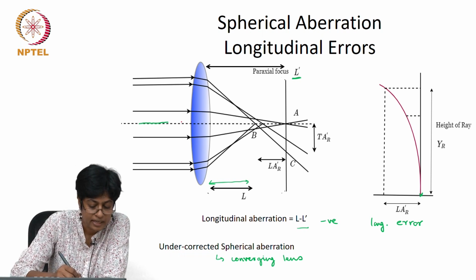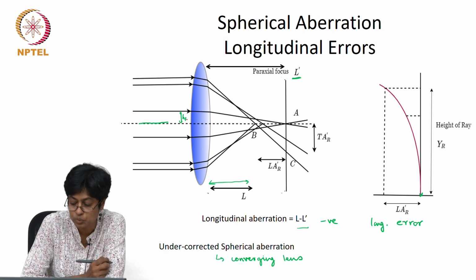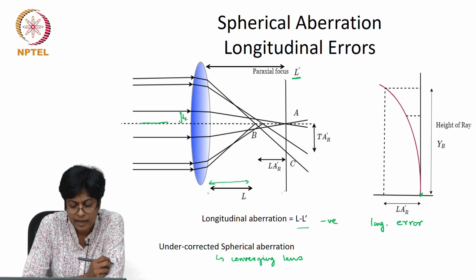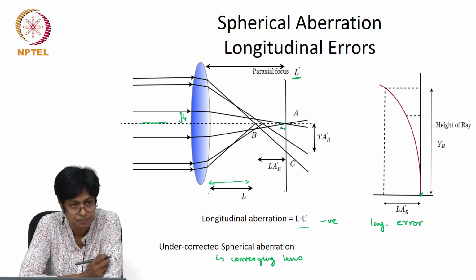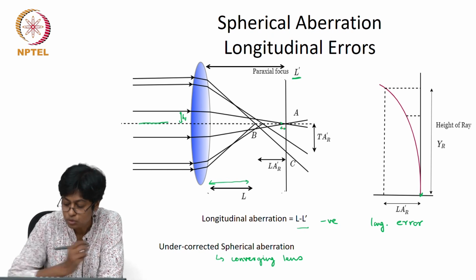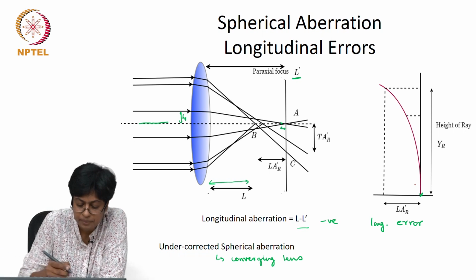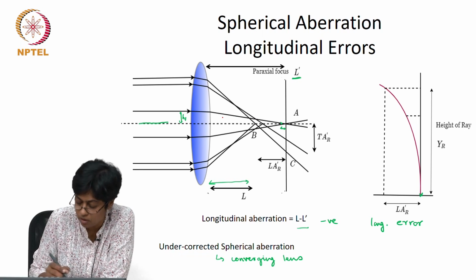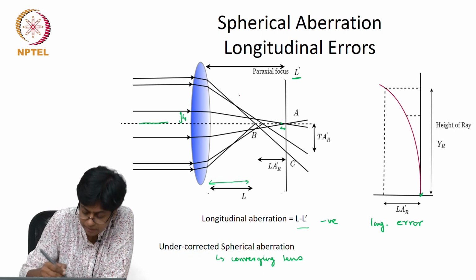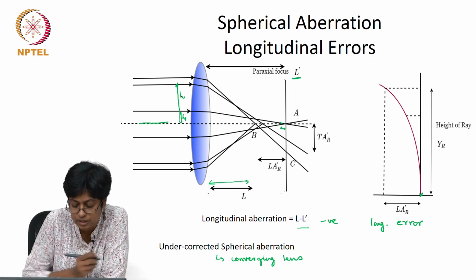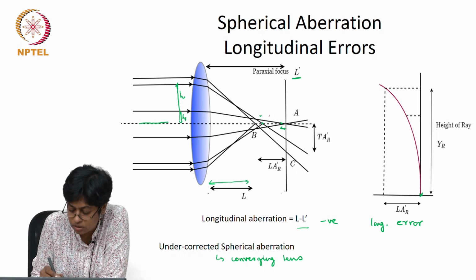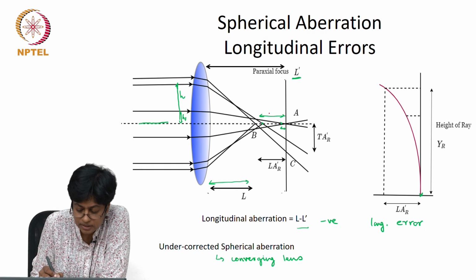The next ray has this much height, let's say h1, and it is focused somewhere over here. So this is its error. Maybe I should take a ray which is a little further off. Let me take this ray. So this has height h and it's focused here, and this is its error.